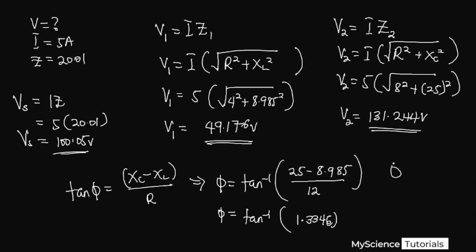So our phase angle is equal to the tan inverse of 1.3346, which is 53.16 degrees. So this is how we solve questions on series connected impedances.